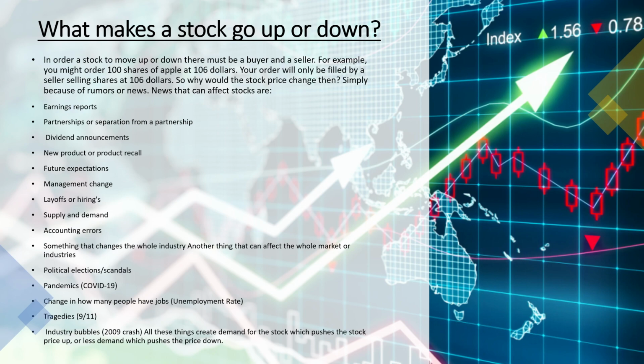There are some things that can affect the stock market as a whole. For example, let's say another company was affected, this can cause some other companies to be affected with it. And also political elections, scandals, and pandemics such as COVID-19, which is happening right now as I'm recording this. Another is the change in how many people have jobs, the unemployment rate. With coronavirus happening, there have been a lot of jobs being lost, so this can cause the stock price to go down.